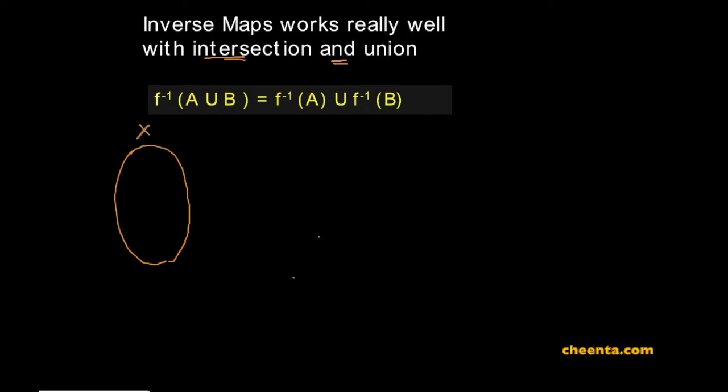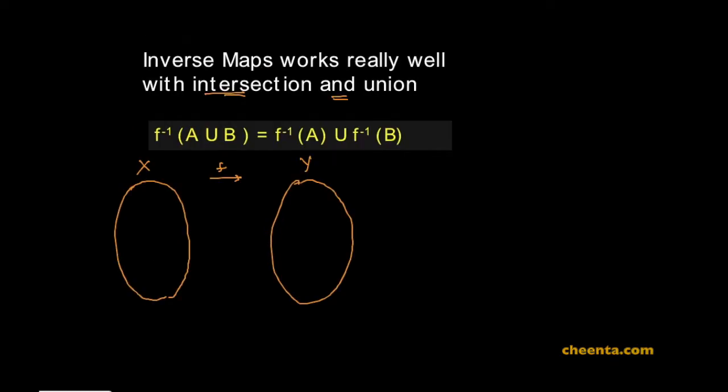This is X and this is Y, suppose. There are two spaces and we have a map F from X to Y. Mind it, this is not a continuous map or it doesn't have any special property.